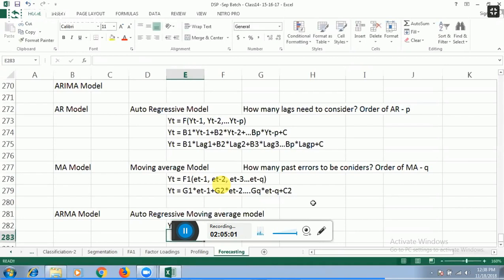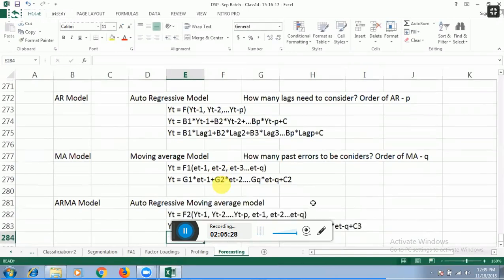So this is the same as yt equal to beta 1 times yt minus 1 plus beta 2 times yt minus 2, and so on, beta p times yt minus p, plus gamma 1 times et minus 1, and so on, gamma q times et minus q, plus constant.